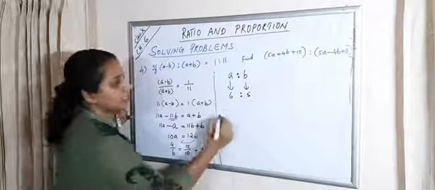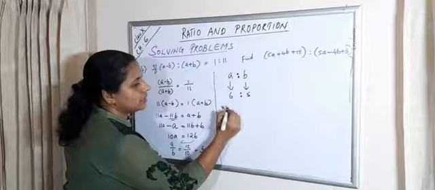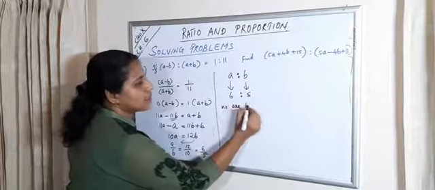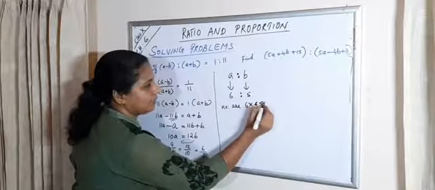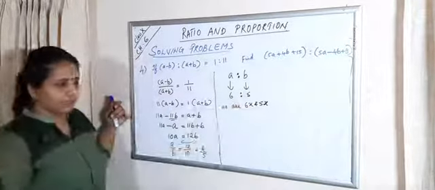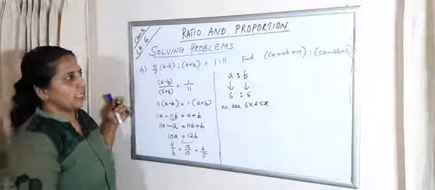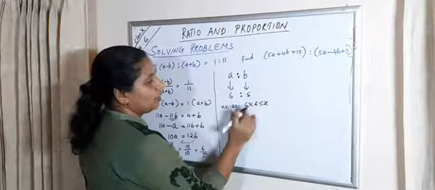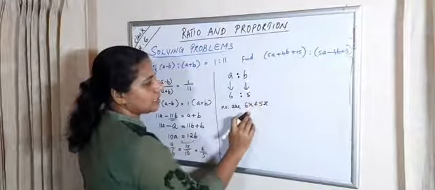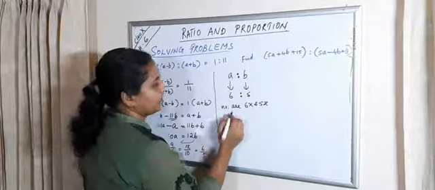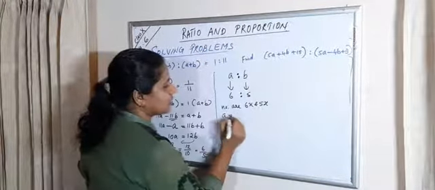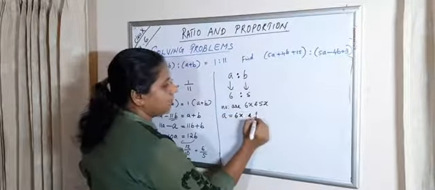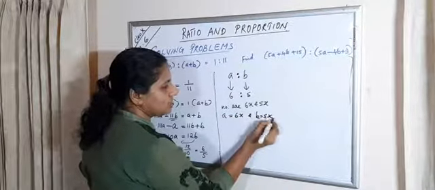So the numbers are 6x and 5x. Clear? Now take your ratio and for a substitute 6x and for b 5x. That is a is equal to 6x and b is equal to 5x.